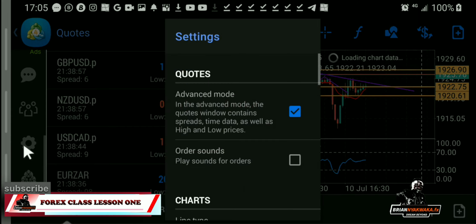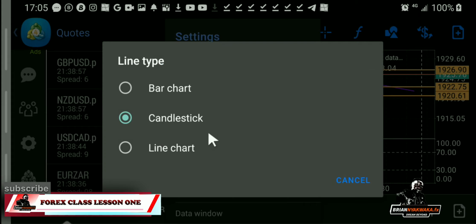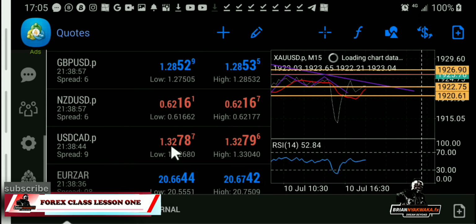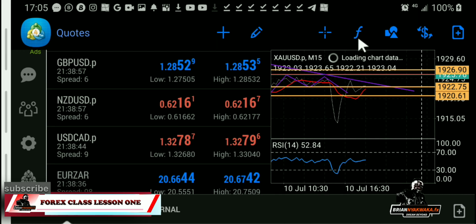Let me show you how a line chart looks like. Line chart, so I'm going to click there so that you see how a line chart looks like. So let me just remove some indicators for you to understand what is going on here. Just a moment.